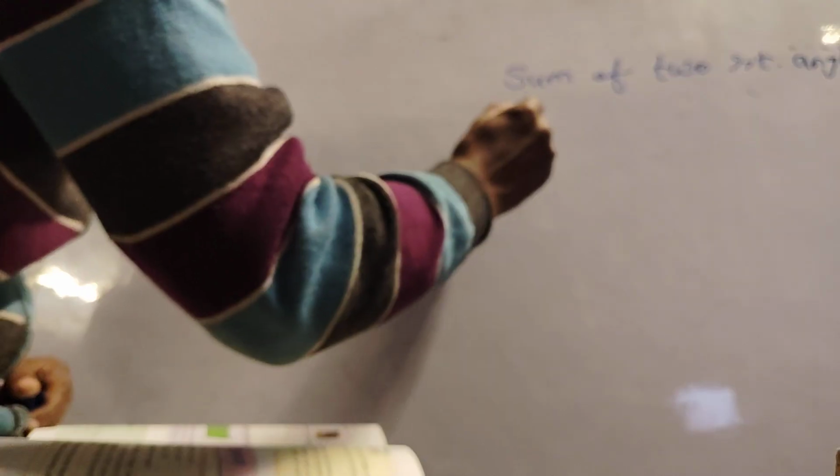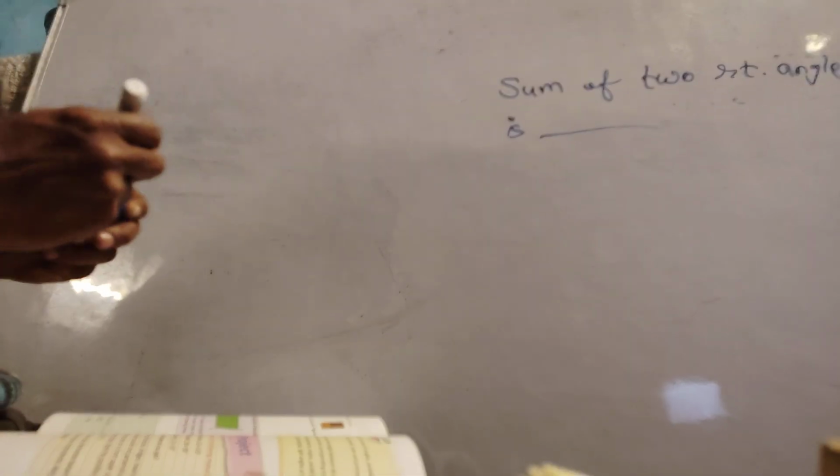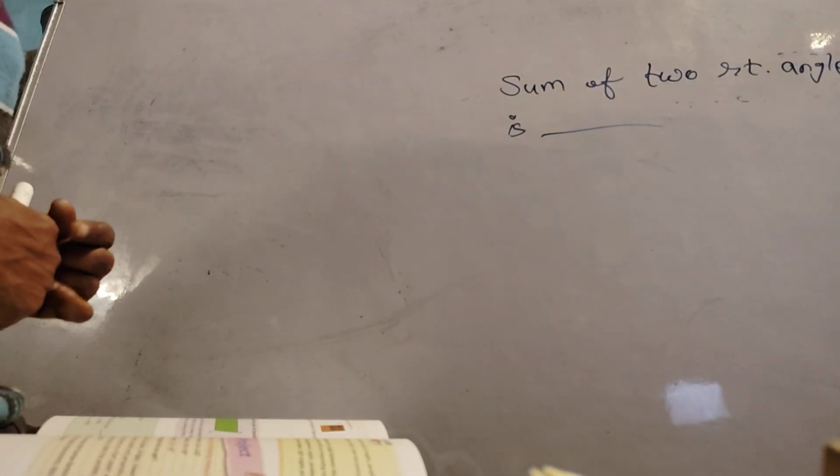Next is: the sum of two right angles is dash.